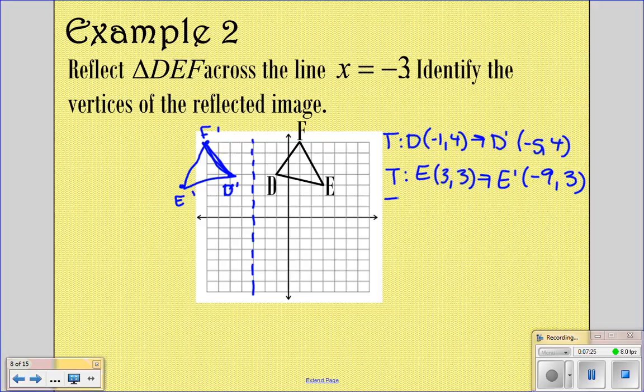And then we transformed F, which was at (1, 7), into F prime, which is at (-7, 7). And so that would be the vertices of the reflected image. Okay, so hopefully that makes sense how you reflect across that line.